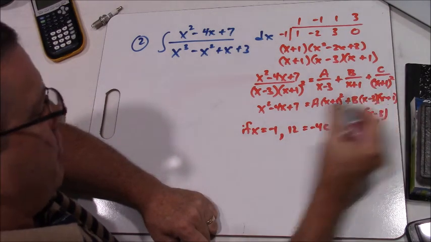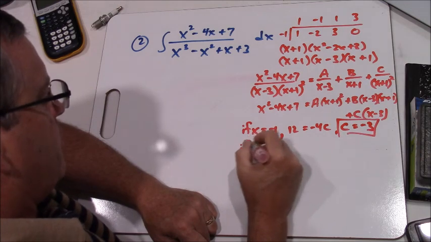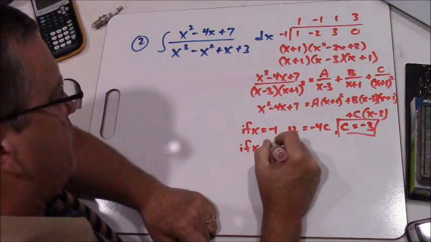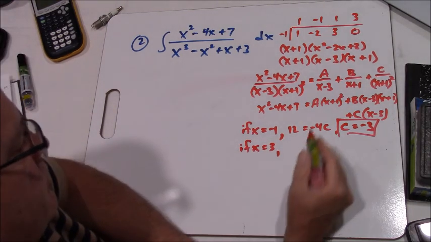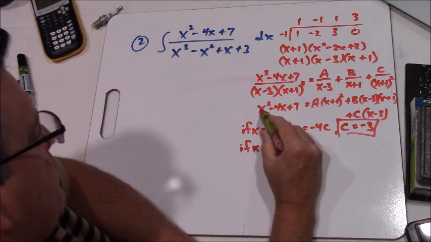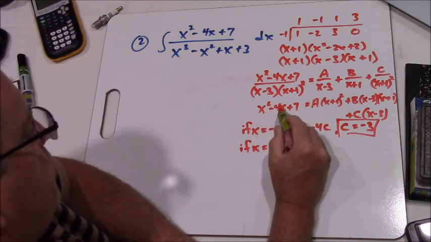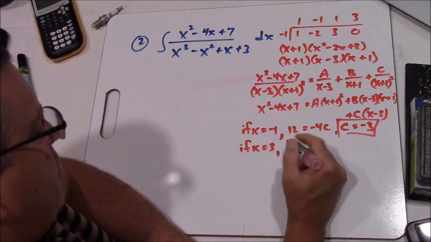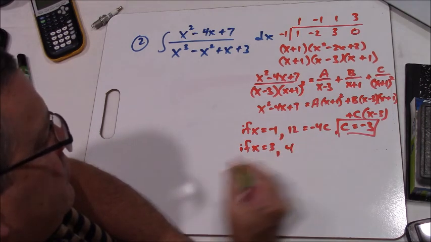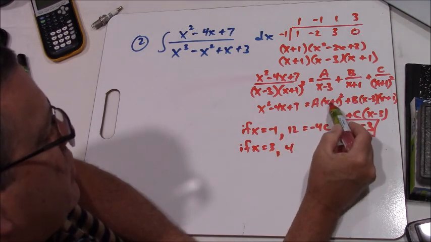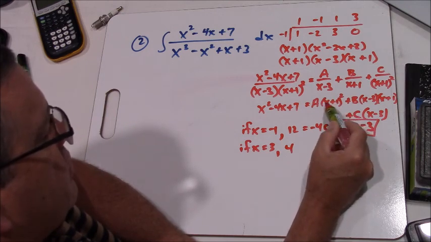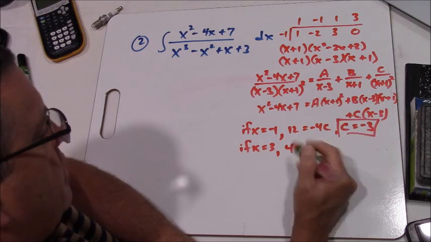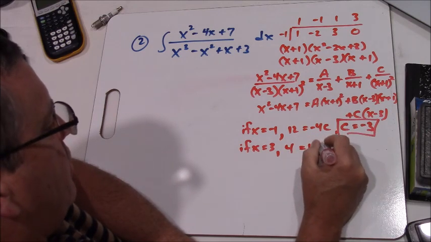Now I'm going to let x equal 3. So if x equals 3, then what I get is 9 minus 12, that'll be -3, plus 7, that's 4. Here, if I put a 3 in there, I get 4 squared, that's 16, so I'm going to get 16A.